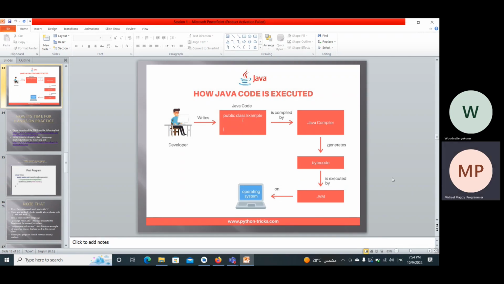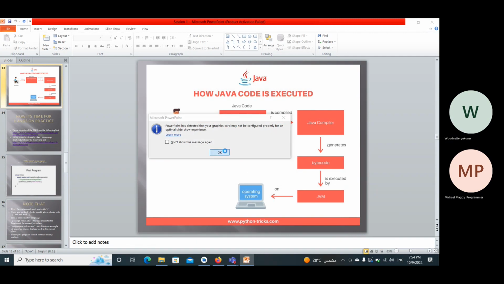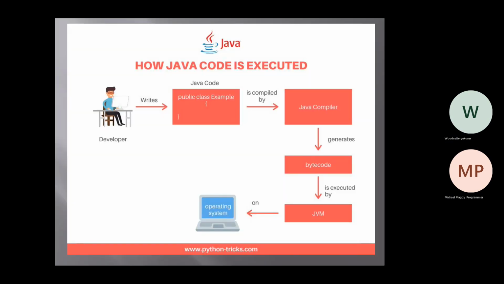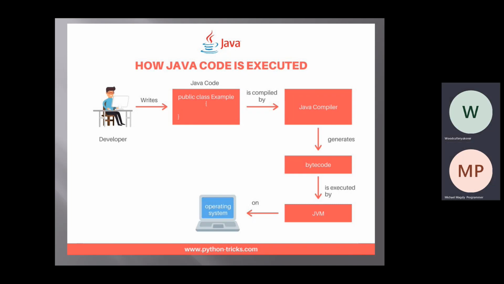How Java code is executed. First, let me make this bigger. It's better now, right? We have this figure telling us how a Java program works. First of all, we have our programmer sitting on his chair writing Java code.